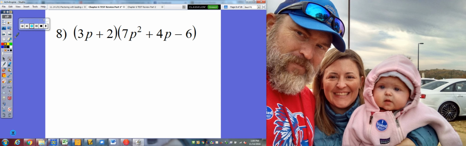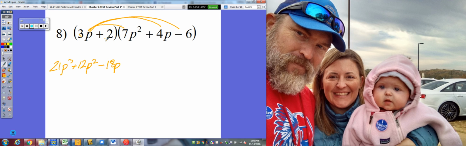Okay, again, if I've got a binomial multiplied by a trinomial, the same thing happens. It's no different. 3p times 7p squared. Well, 3 times 7 gives me 21. P times p squared gives me p to the third. 3p times 4p gives me 12p squared. 3p times negative 6, negative 18p.